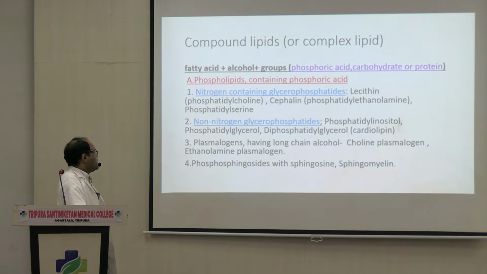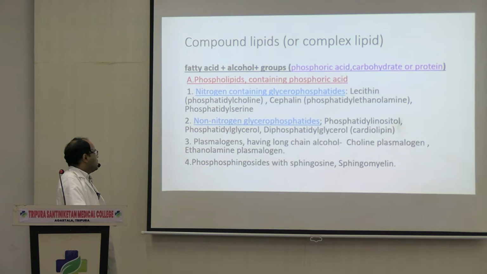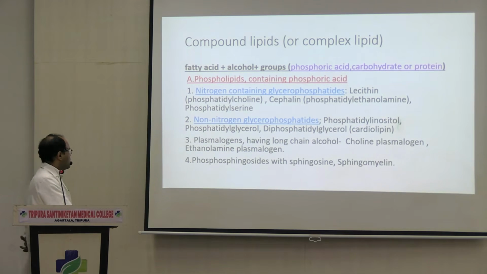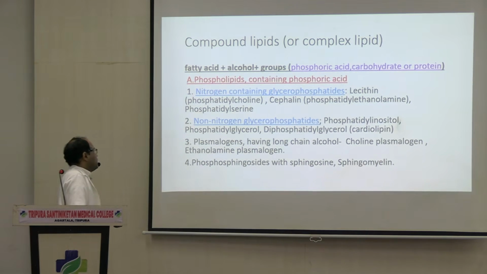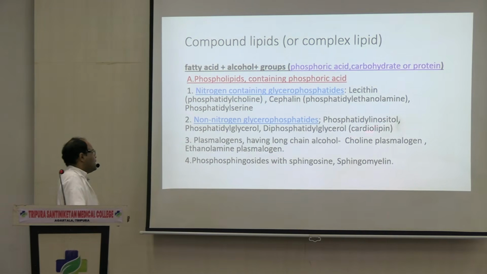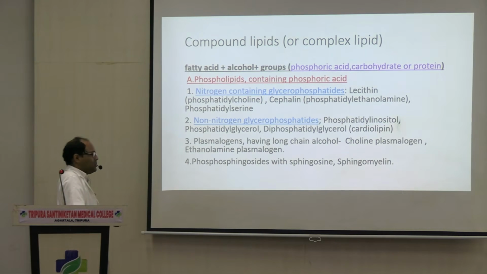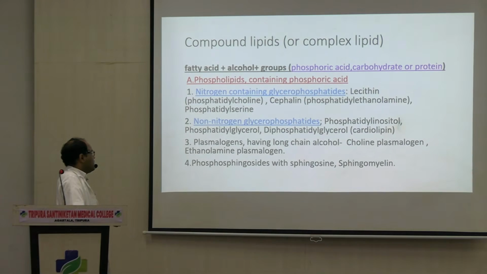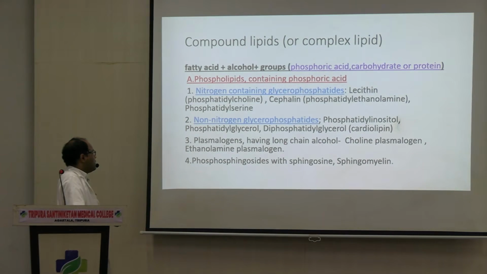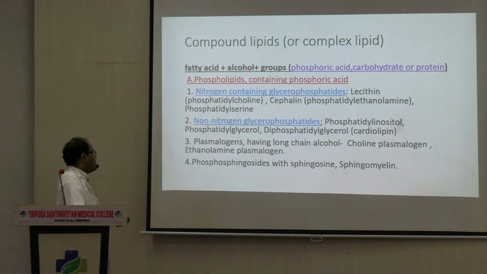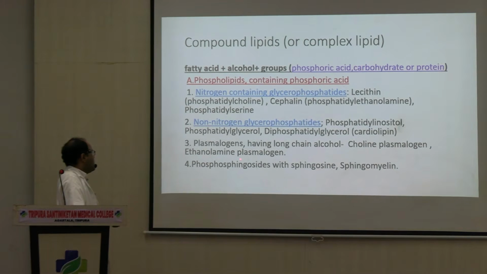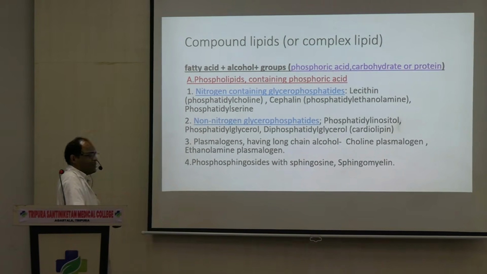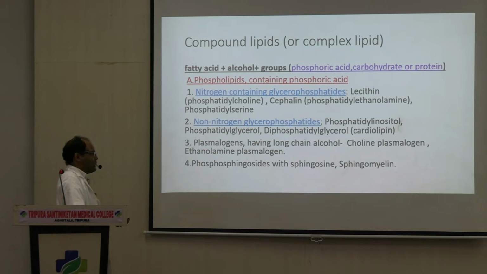Nitrogen containing example lecithin, cephalin, etc. Non-nitrogen containing like phosphatidylinositol, phosphatidylglycerol, cardiolipin. Plasmalogens having long chain alcohol like choline plasmalogen and ethanolamine plasmalogen. And another thing is sphingosine and sphingomyelin.